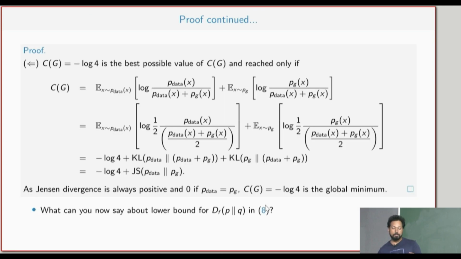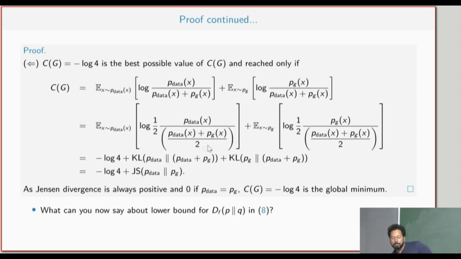Now let us see the reverse case. CG is minus log 4 is the best possible CG, and we are trying to see when it is achieved. So we start with the CG, which had the form with p data, and basically this is D star and this is D star, and we have done some tricks here to bring in the KL.